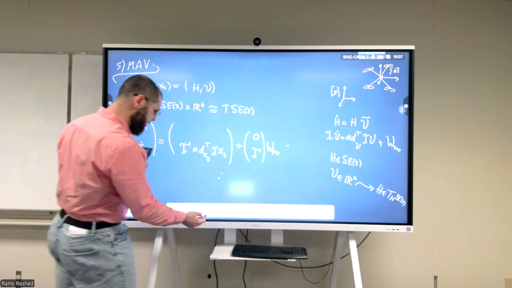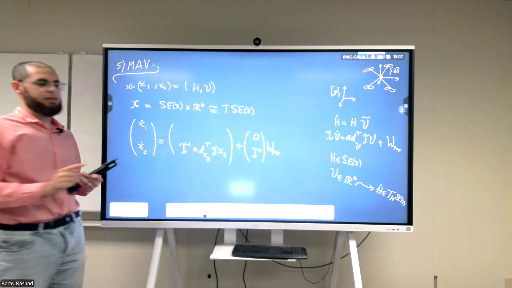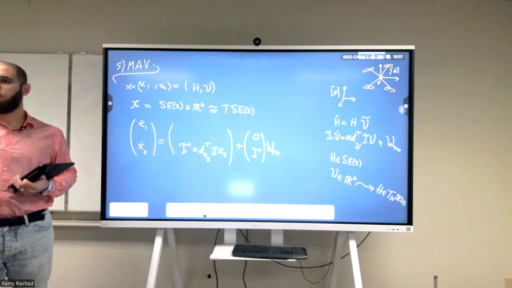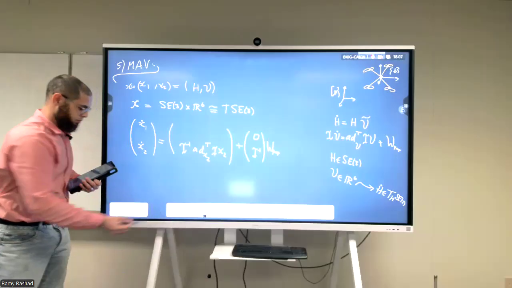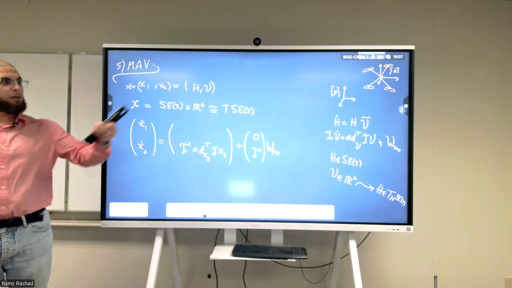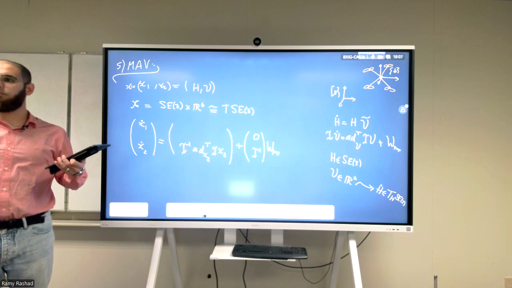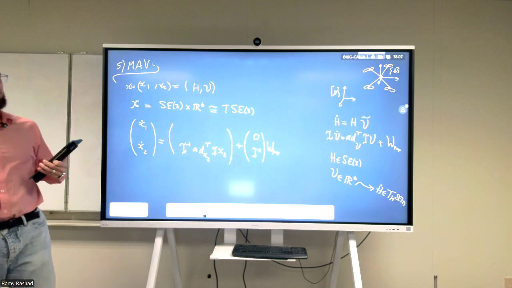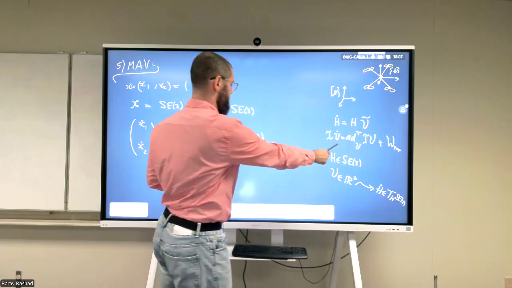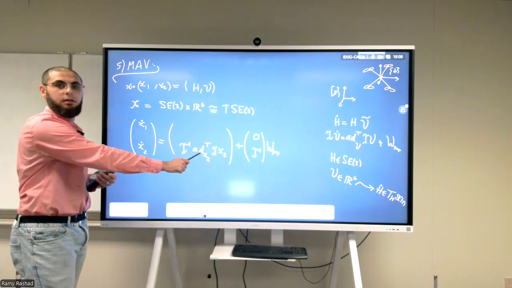You see there's something missing here. Did someone note it? What is missing in this equation? If you simulate this equation, what will happen? You see this equation is a function only of x2, right?